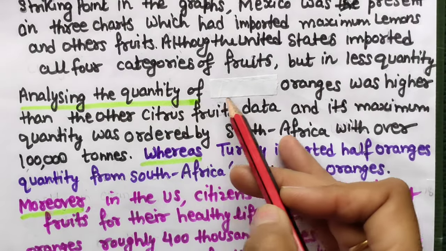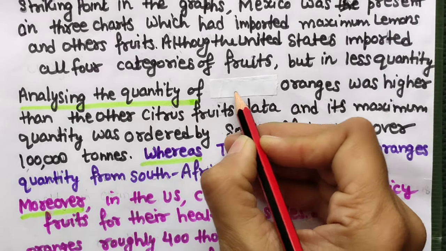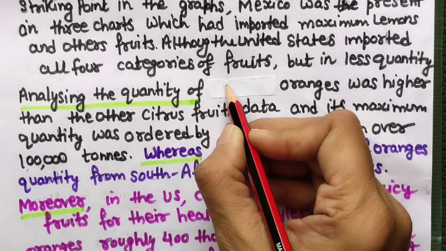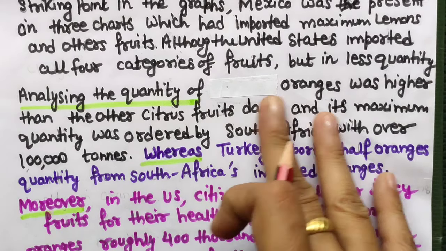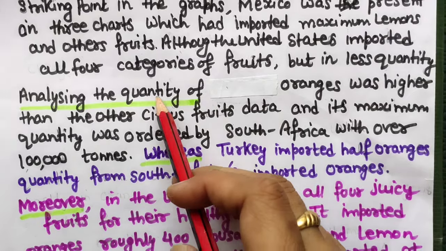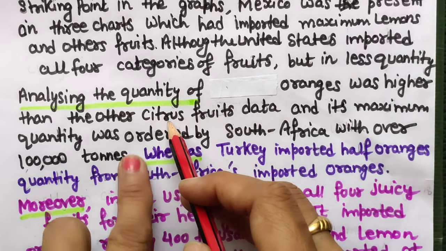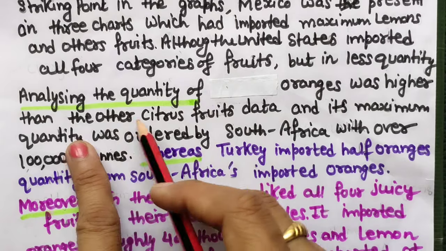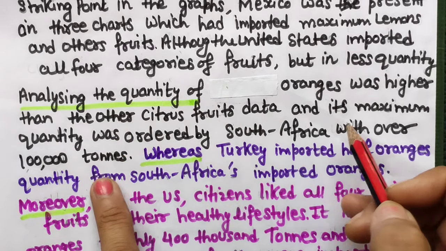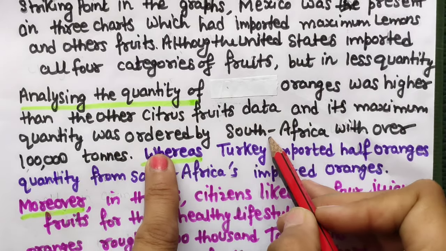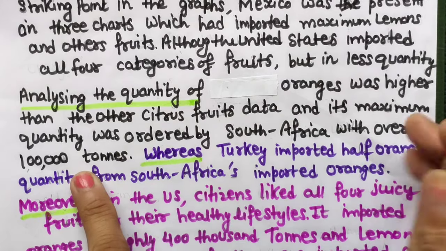Analyzing the quantity of juicy fruits, or natural, you can write anything if you want. And analyzing the quantity of oranges, it was higher than the other citrus fruits data, and its maximum quantity was ordered by South Africa with over 1 lakh tons.